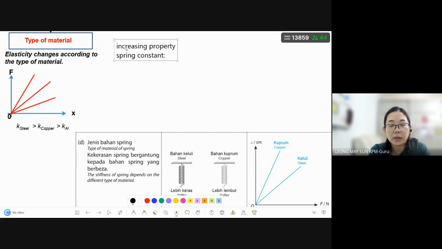Increasing spring constant: aluminium actually has a lower spring constant compared to copper, and then steel has a higher spring constant.